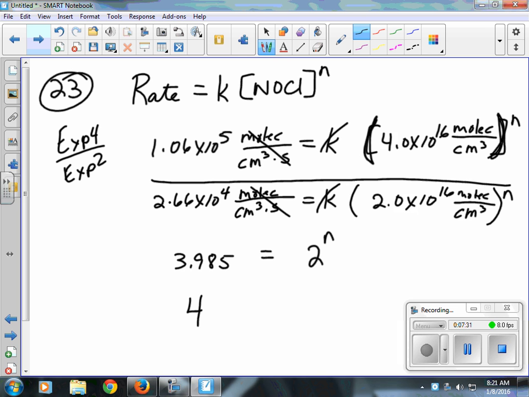So now we say to ourselves, 2 raised to what power equals 4? 2. So that means n equals 2. The reaction is second order with respect to NOCl concentration.